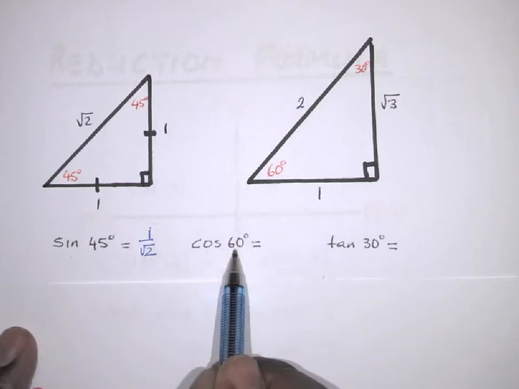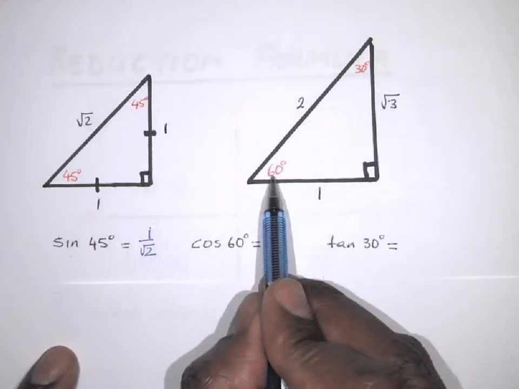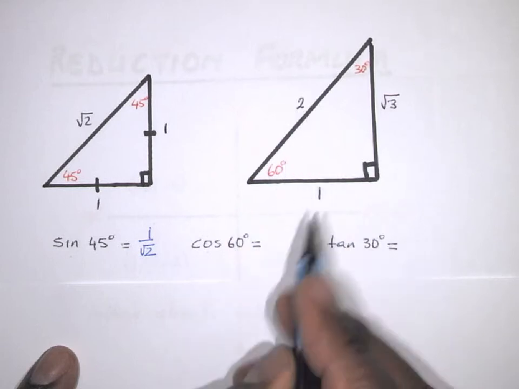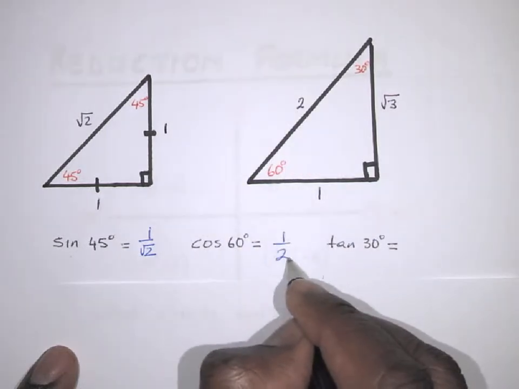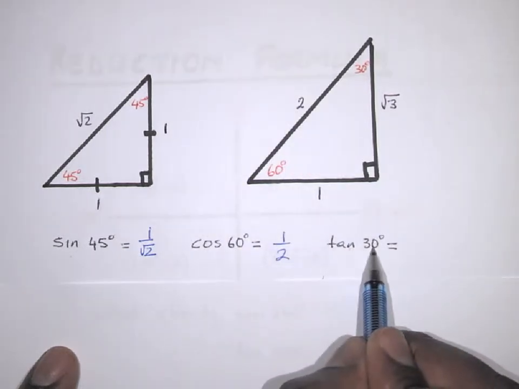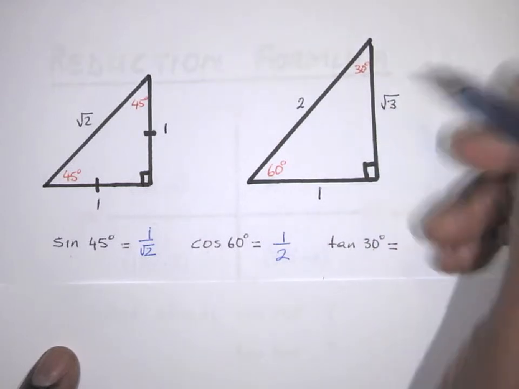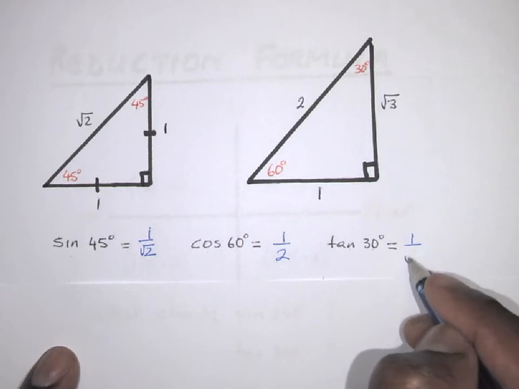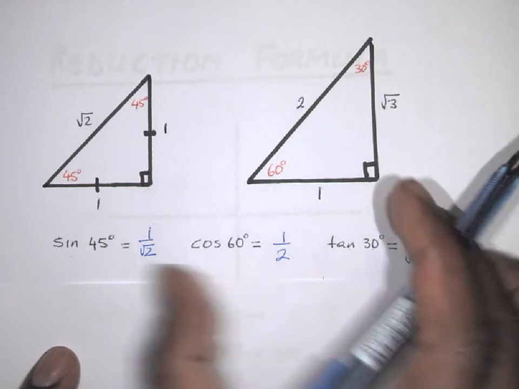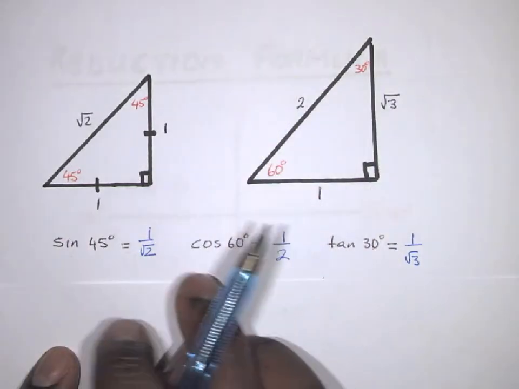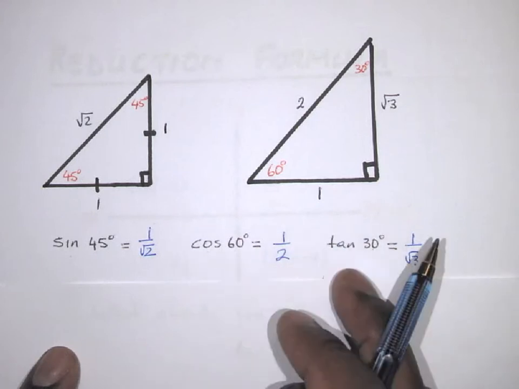And then cos of 60, you'll go to this triangle. Cos of 60 is adjacent side over hypotenuse, 1 over 2. And tan of 30 degrees, opposite over adjacent, will be 1 over square root of 3. This is when we were required to work out these ratios without using a calculator.